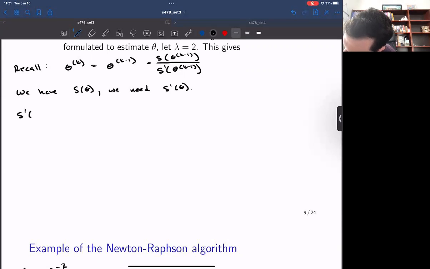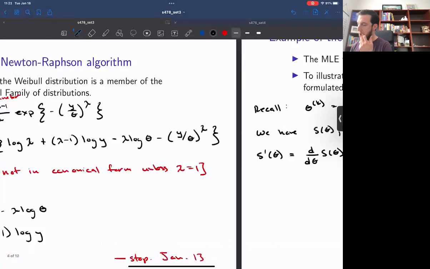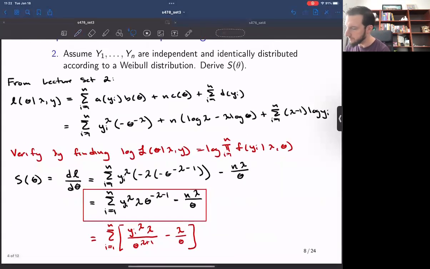S prime of theta is equal to d by d theta of S of theta, so this is d by d theta of the sum from i equals 1 to little n of this thing.